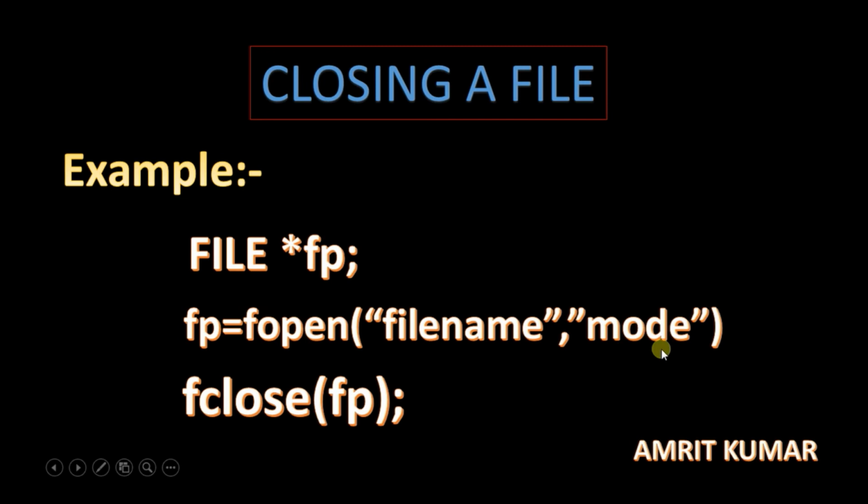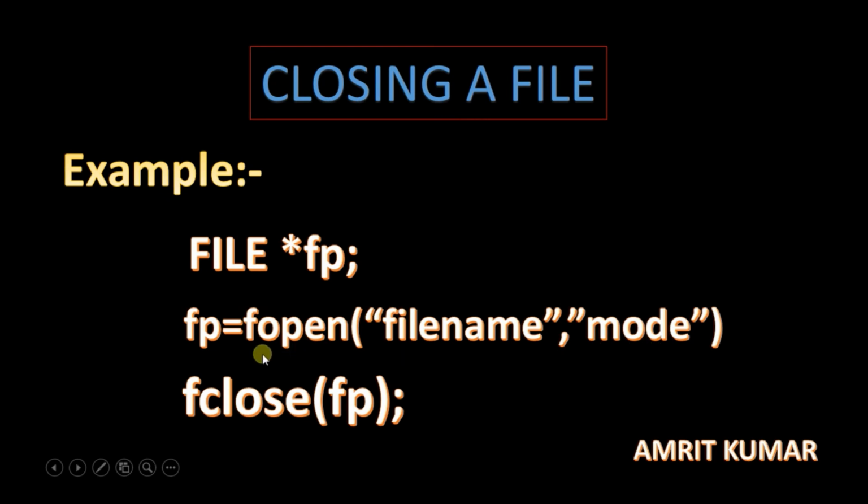Mode means it can be writing mode, it can be reading mode, or I may want to append something to it. We will deal with this mode topic in the next lecture.